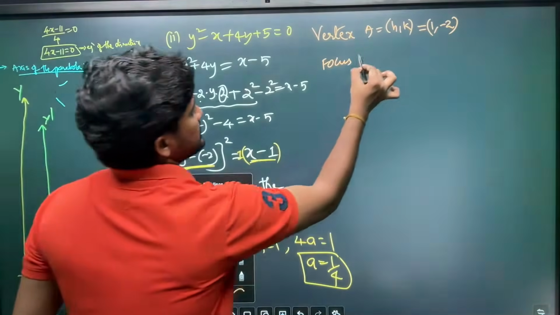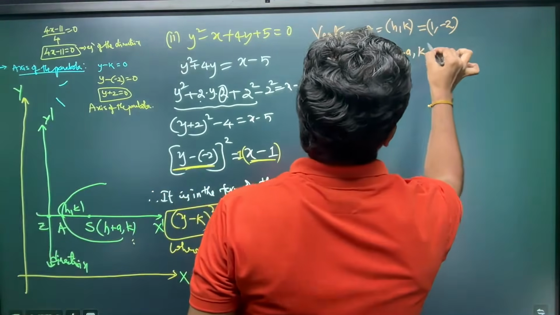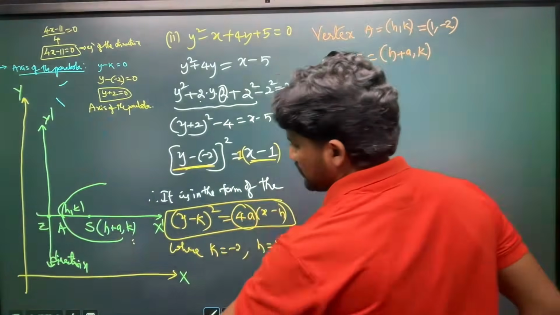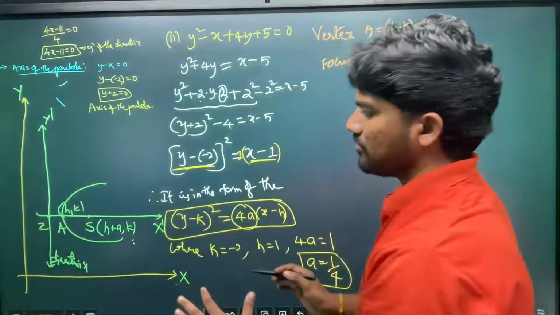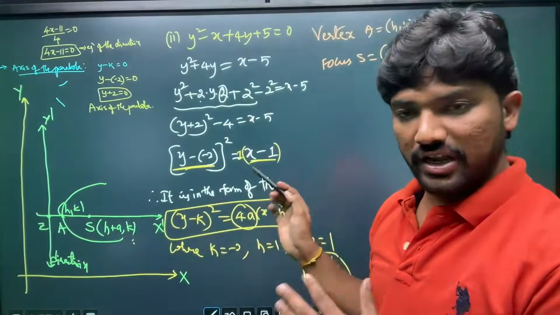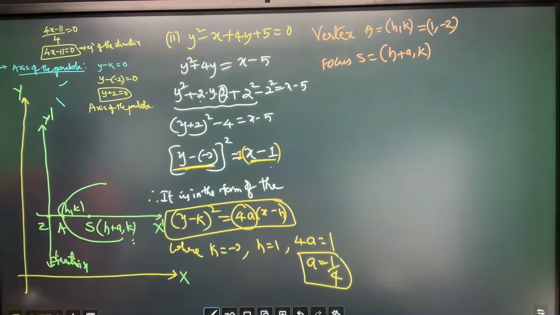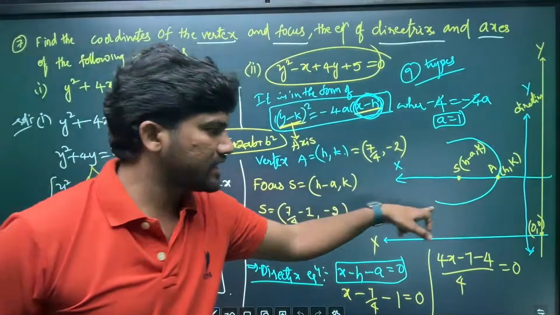Now focus. Focus S is equal to మనకి ఏమొస్తుందంటే H plus A comma K. See, previous problem కి ఈ ప్రాబ్లం కి difference. In previous problem parabola is facing towards negative direction, negative direction of x axis.